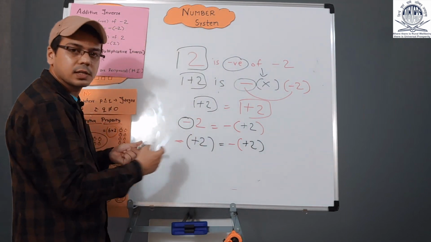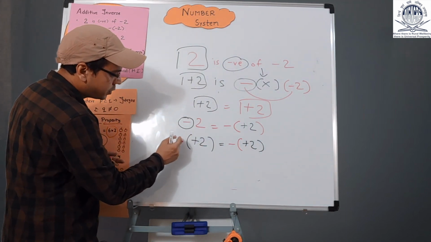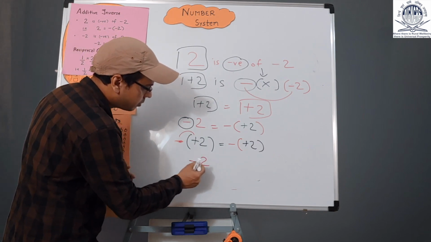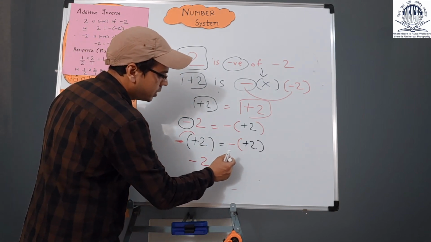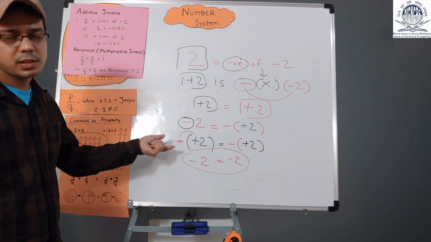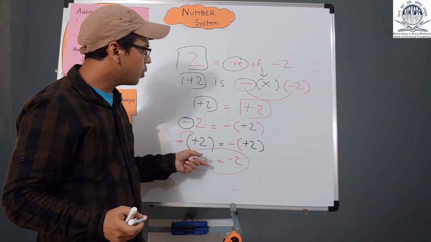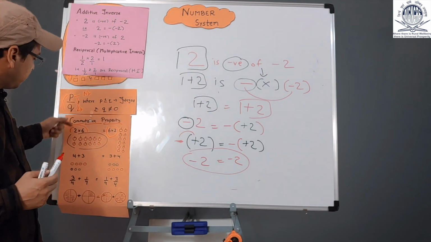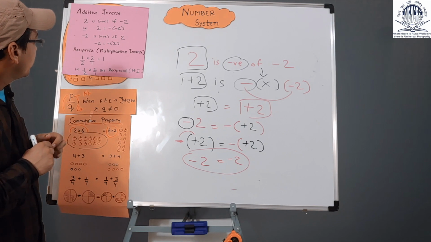The negative situation makes a positive person negative, so it becomes negative 2. You say, oh, he's a negative guy. Yes, he or she seems negative as per the situation, but there is always a possibility to become positive later. Now we are done with additive inverse.